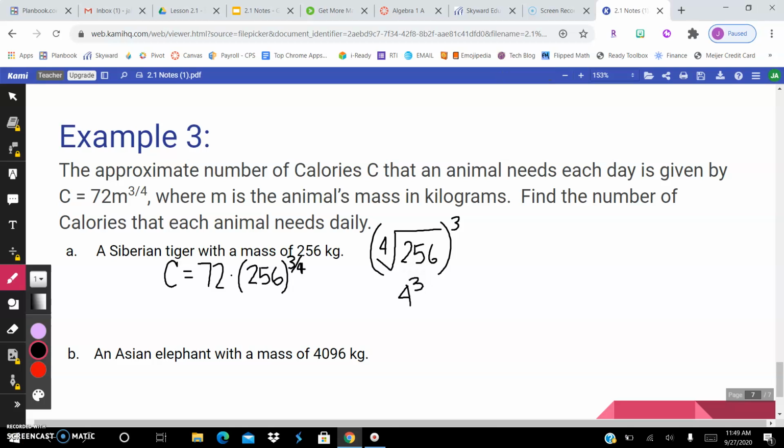And then we have that to the 3rd power. 4 to the 3rd power is 4 times 4 times 4. That would be 64. So now our equation is 72 times 64, which would be 4,608. So a Siberian tiger needs 4,608 calories per day.